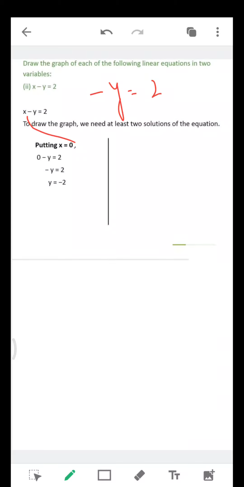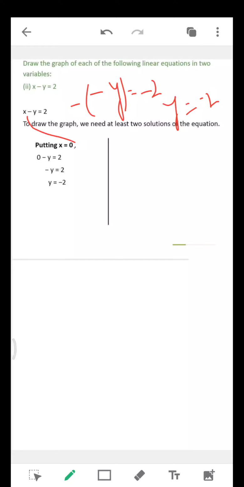If you multiply by minus on both the sides, this will become y is equal to minus 2. You have done this in lower classes.